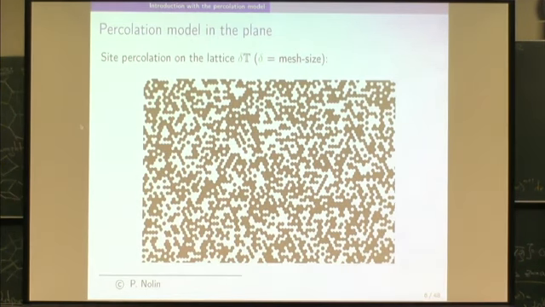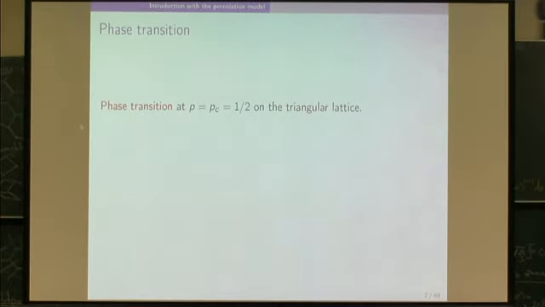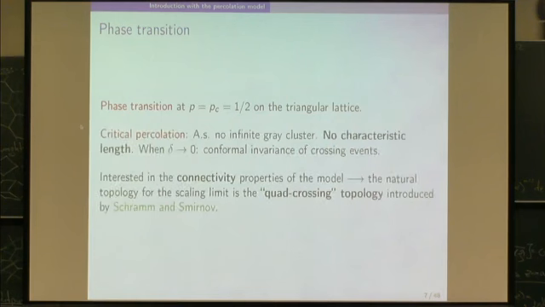So you all know very well what is a percolation. Here I consider the percolation on the triangular lattice that I represent with hexagons, and site percolation. And the mesh size is denoted by delta. And you know that there is a phase transition at p equals 1/2 for this particular lattice. And when p is smaller than 1/2, then the gray clusters are very small, they are at a microscopic scale.